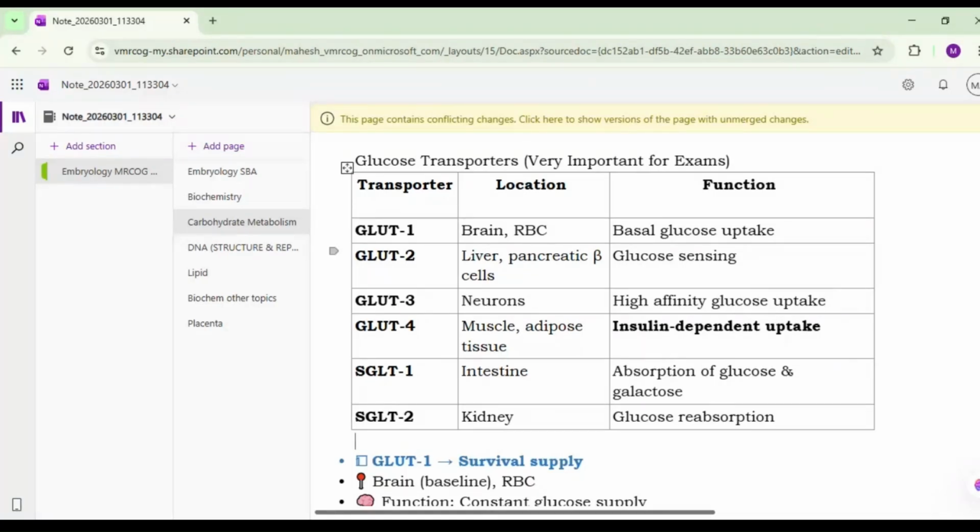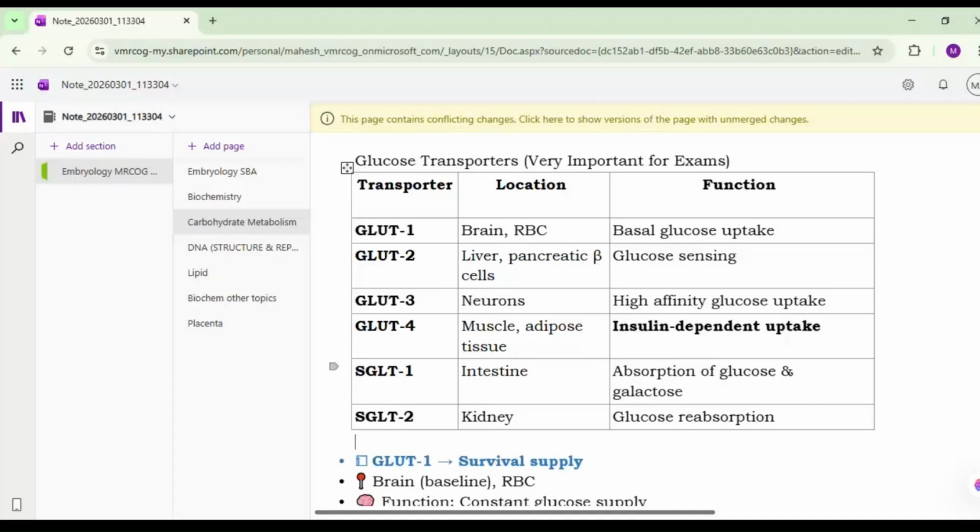Second, GLUT2 is present in the liver and pancreatic beta cells, where it acts as a glucose sensor. They will decide the blood glucose level, and accordingly they will behave. Third is again neurons. GLUT3 has a high affinity for glucose uptake. Then next is GLUT4, that is muscle and adipose tissue. And remember, it is insulin dependent uptake. For GLUT4, it is always insulin dependent uptake in the muscles and adipose tissue.